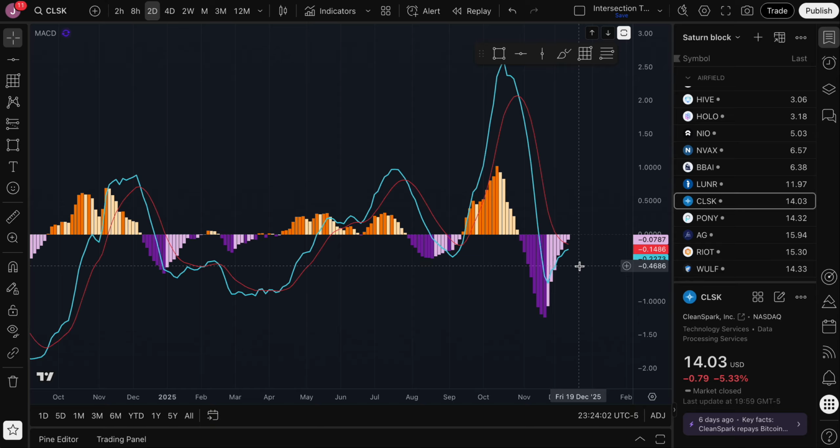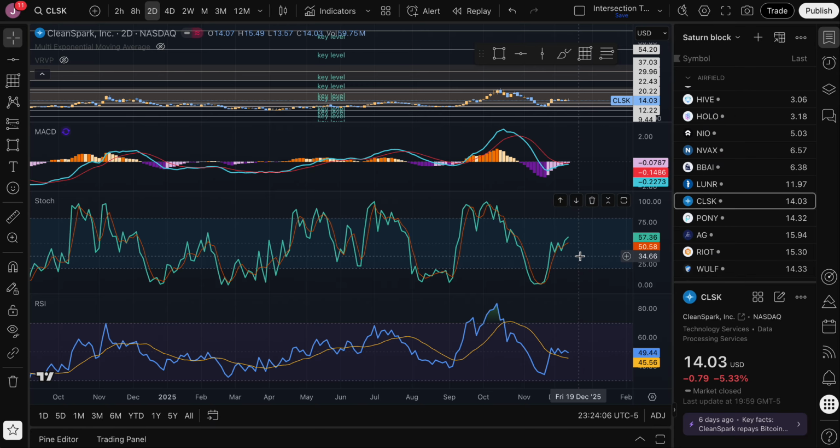Looking short on this. We'll call that 4. Call this a 5 because we broke 50 and we're shooting up. And then I would call this potential 4. Or 3 even.